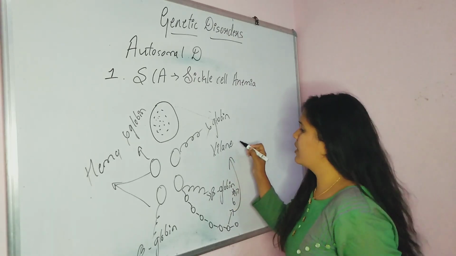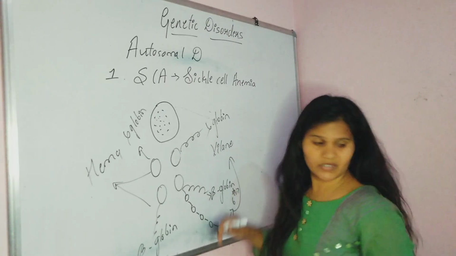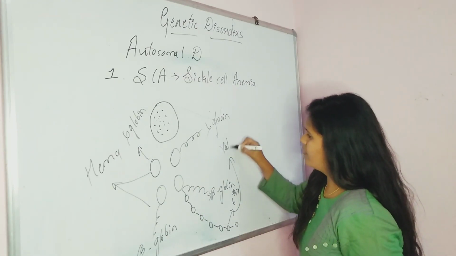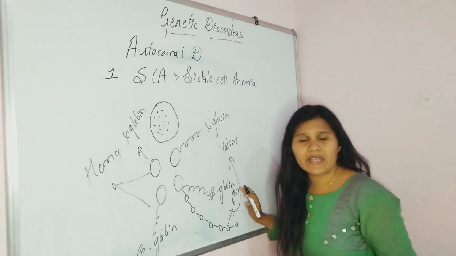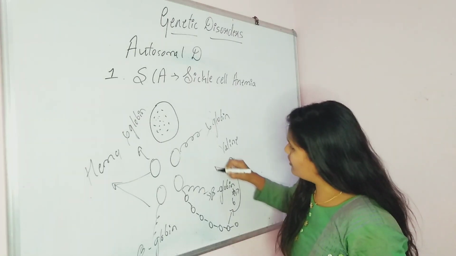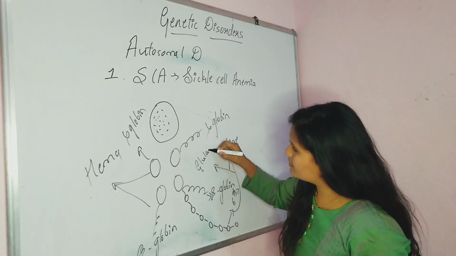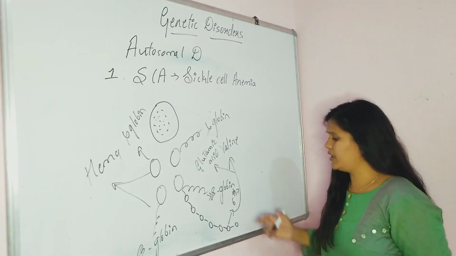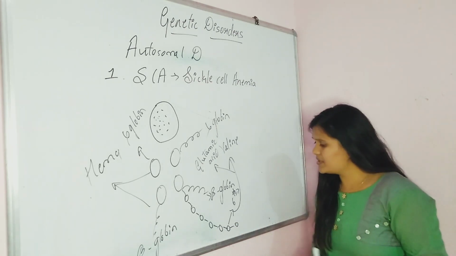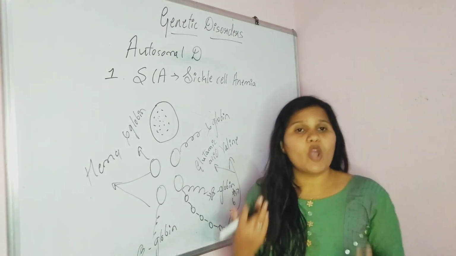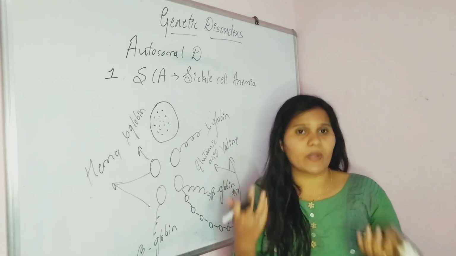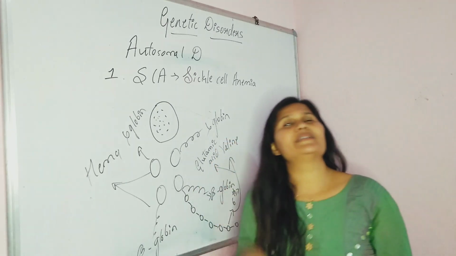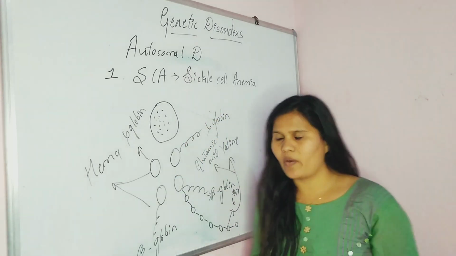Actually, it should produce glutamic acid. But due to the mutation, the sixth amino acid will not be able to produce glutamic acid, but it will produce valine. So this leads to the sickle cell anemia disorder.